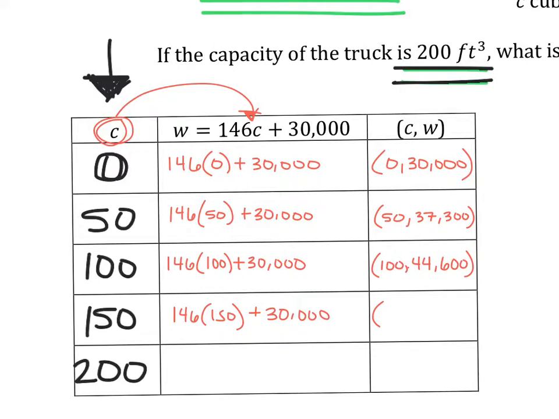Okay, that leaves us with our C value is 150, and our W is 51,900. And then last one, you have 146 times 200 plus 30,000, and that comes out to 259,200.